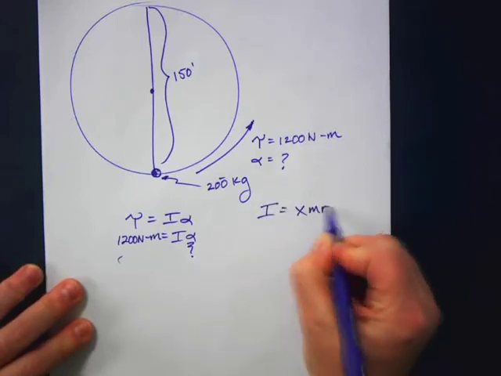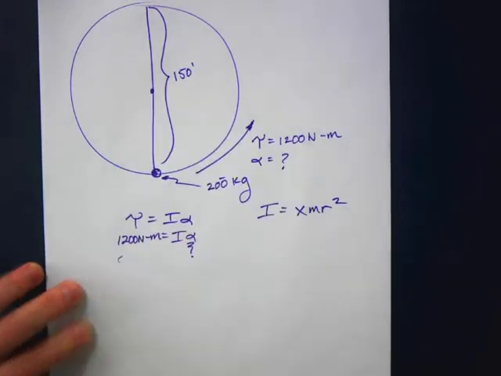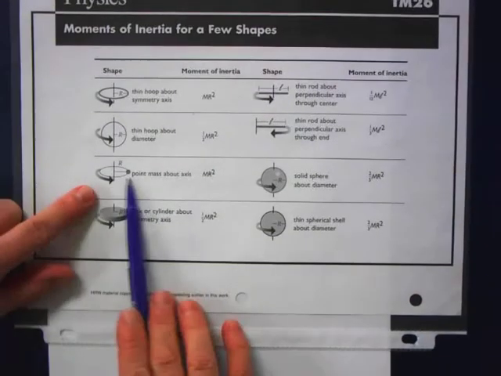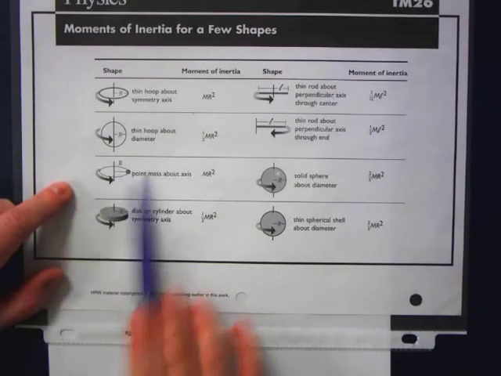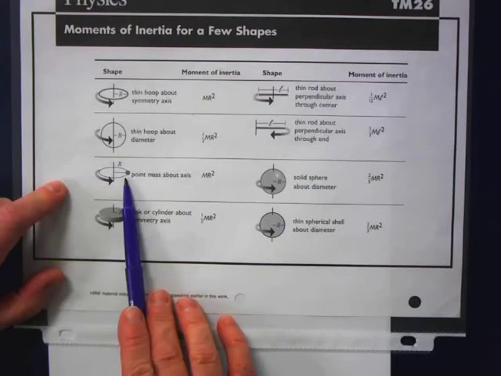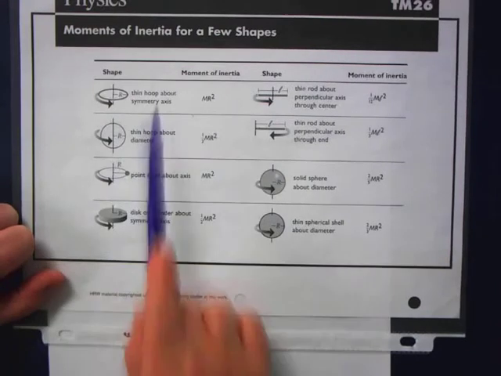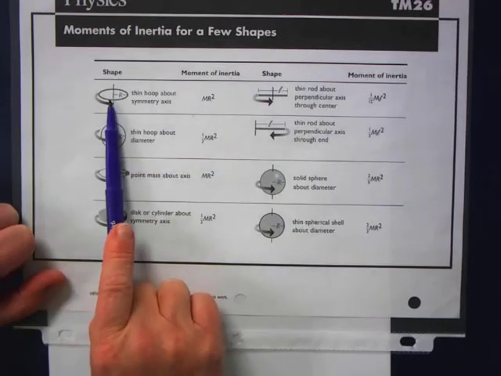Moment of inertia is x m r squared. So if they are a point mass on the outer edge, if you recall all these shapes, right? And by the way, if you think about this point mass, if it's spinning really fast like the stopper that we did in the lab, and you blur your eyes, what shape does that point mass take? A circle, like a hoop, right?